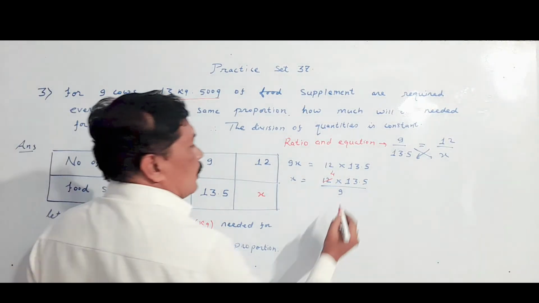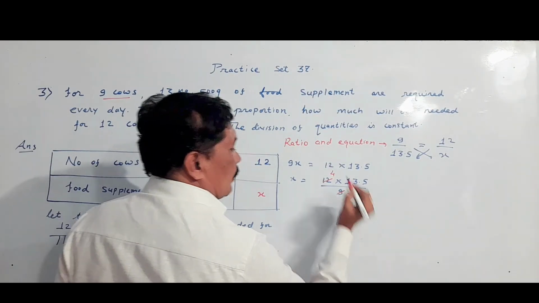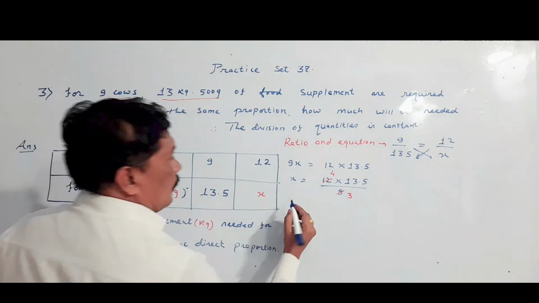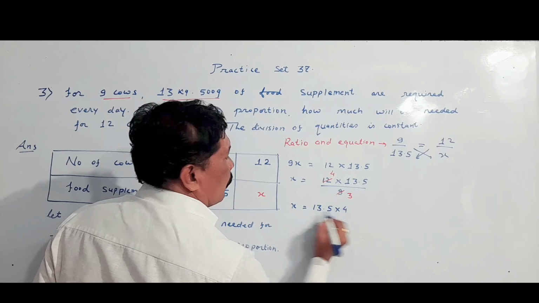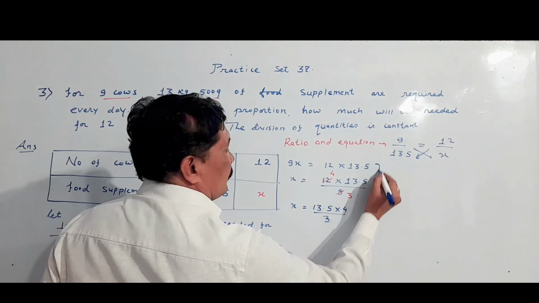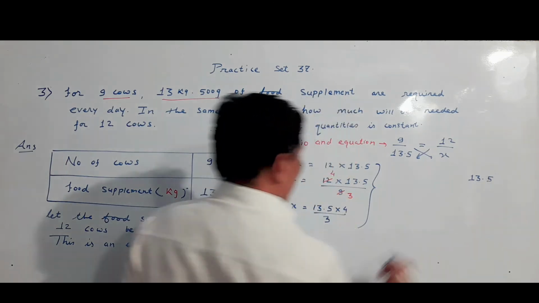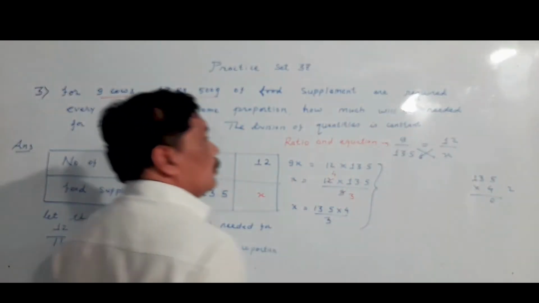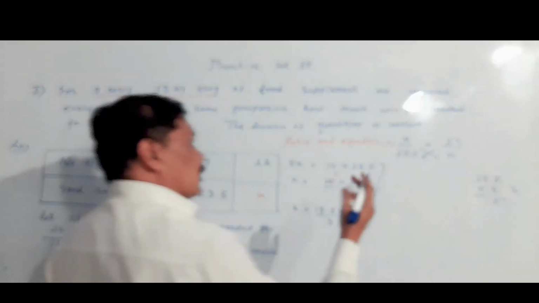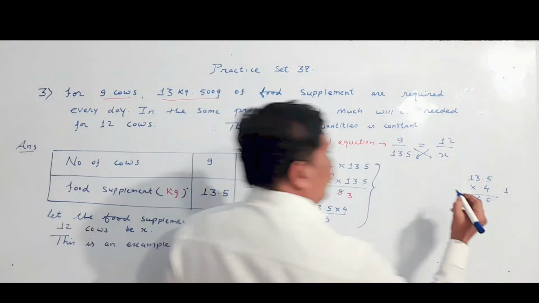3 fours are 12, 3 threes are 9. X is equal to 13.5 into 4 divided by 3. 13.5 into 4. 4 fives are 20, 0, 2 carry. 4 threes are 12, 13, 14, 4, 1 carry. 4 ones are 4 plus 1, 5.